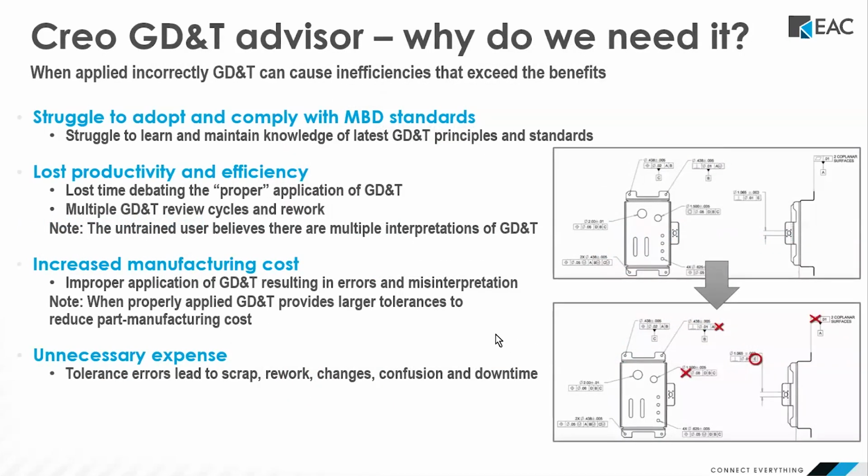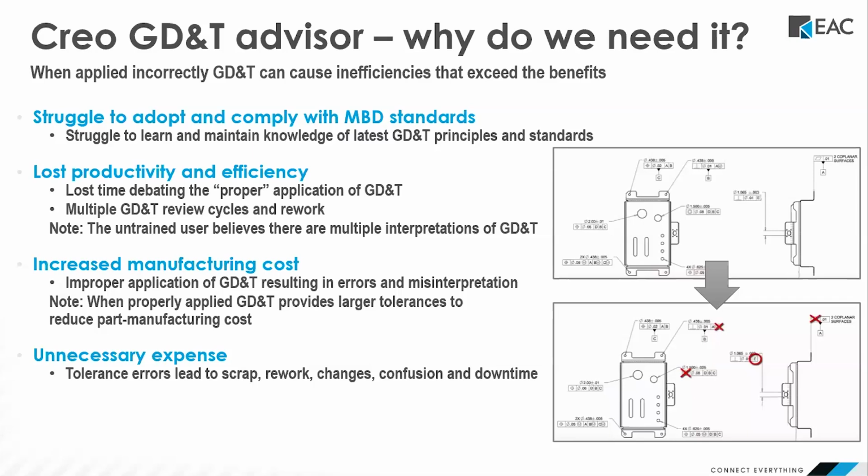GD&T Advisor, that's really what we're going to be talking about today. It's a spell checker for creating GD&T. So why do we need something like this? A lot of companies struggle in adopting MBD standards and learning to keep up with the latest standards. That can be daunting.